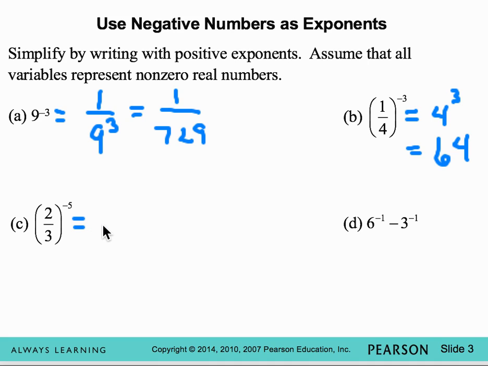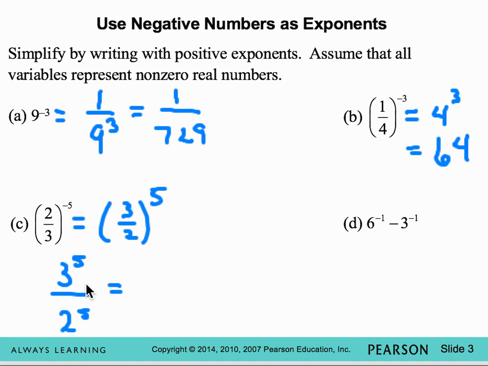Okay, so what about this one? I just flipped that 2/3 to 3/2, and then it's all to the 5th power. So now I use the property from last time, which means everything inside the parentheses gets the exponent.